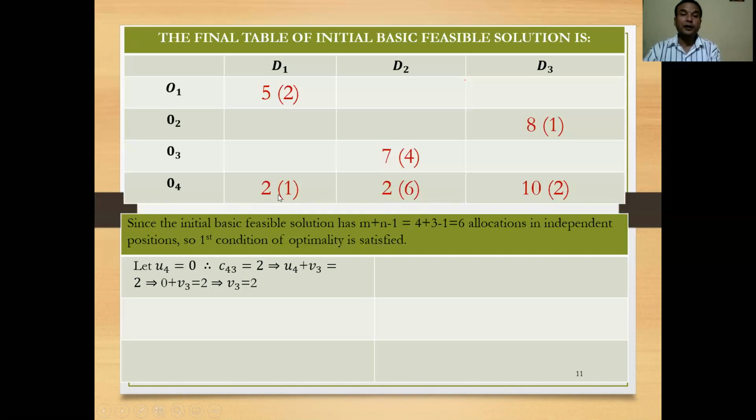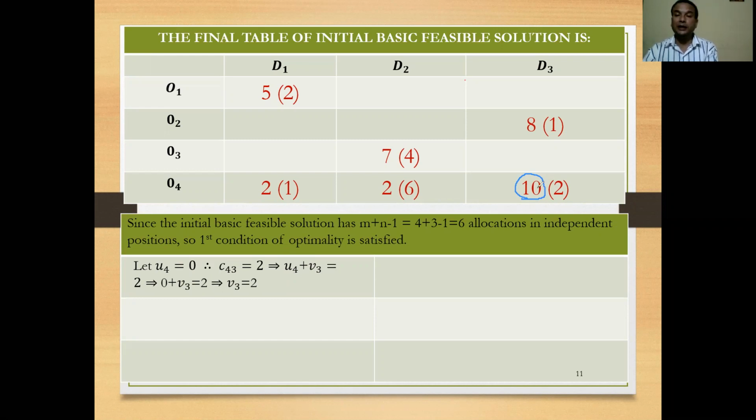If we assume U4 equals 0, then we have written here C43. C43 means this cell. C43 is 10. C43 means U4 plus V3. So we have got this 10, U4 plus V3. As we have assumed U4 equals 0, therefore V3 is equal to 2.